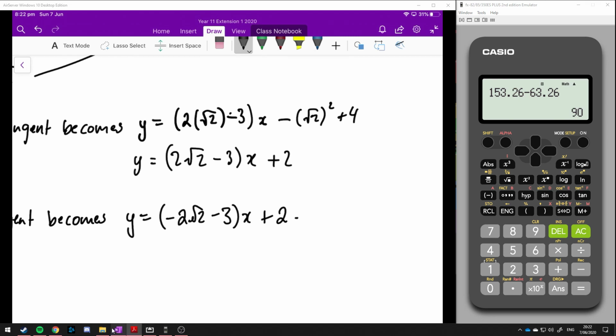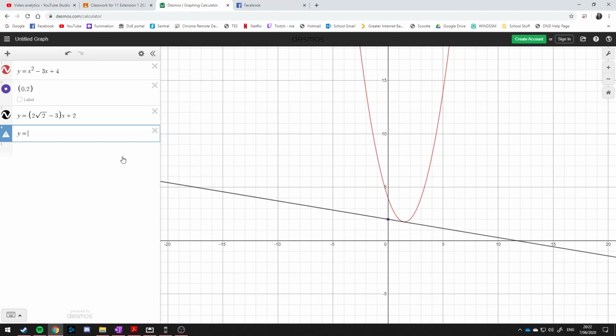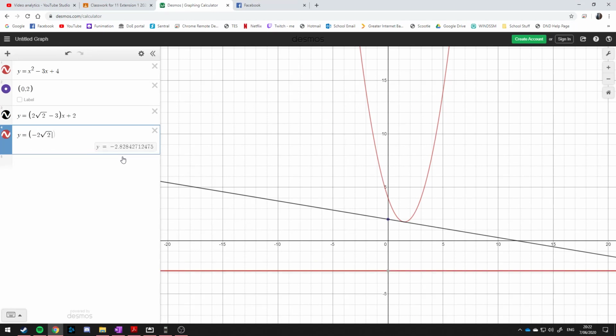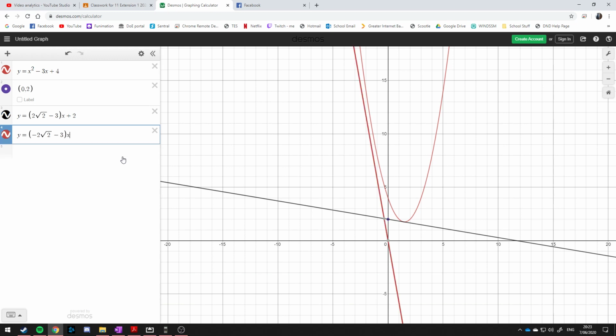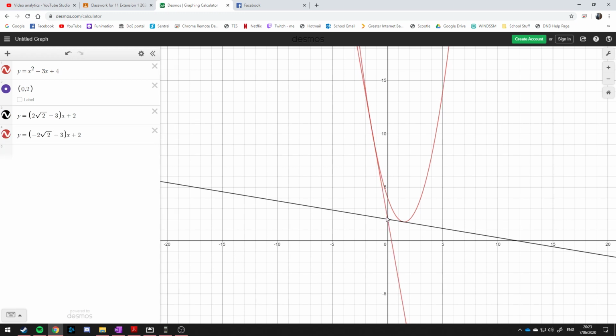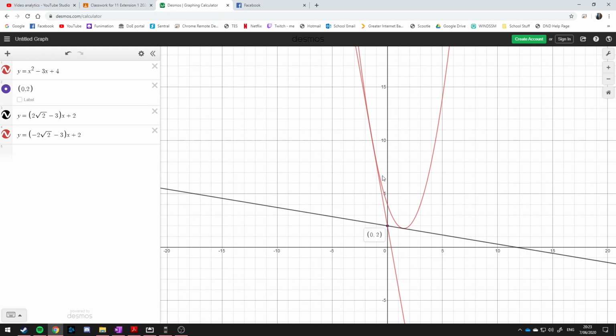So if I click back onto Desmos, we're going to put this new equation in, minus 2 square root of 2 minus 3 x, plus 2 again. And we get this tangent going along here, which goes through the point 0, 2, and the tangent for this line meets here.